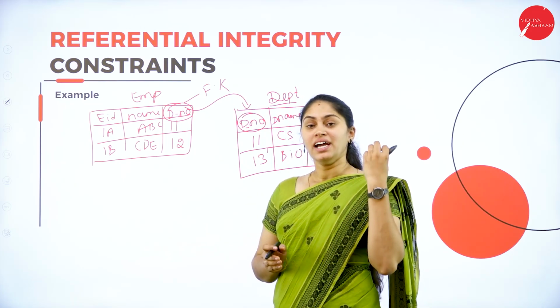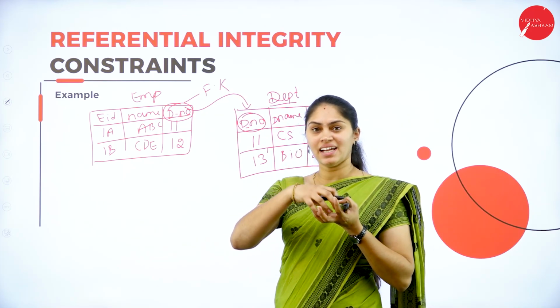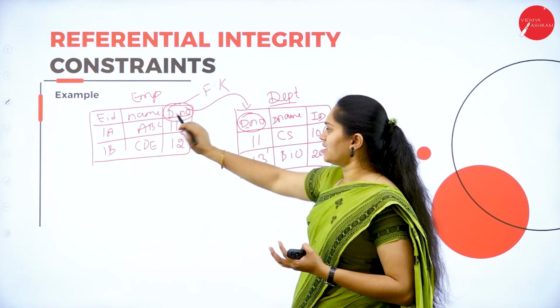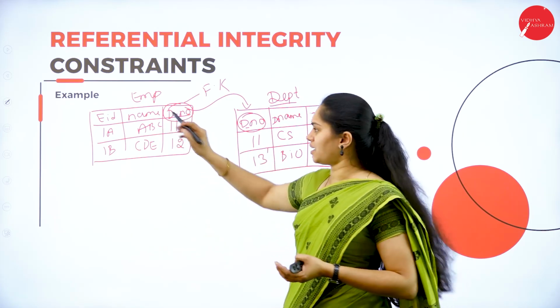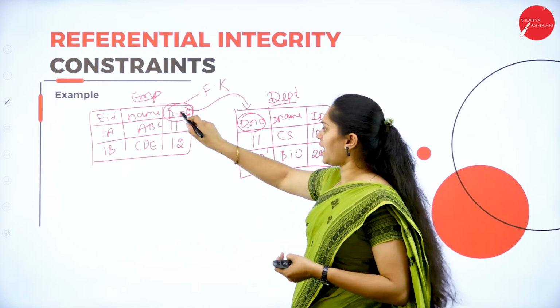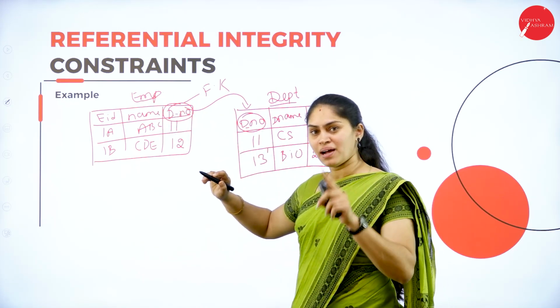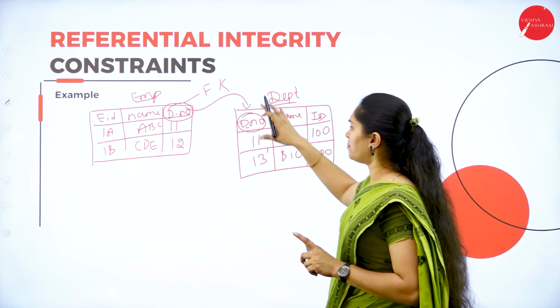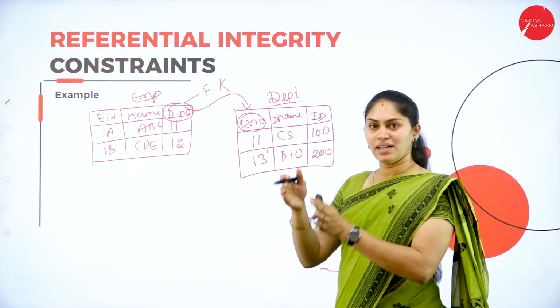That means you are referencing your identity in another country. That is what we have here with the department number. In the employee table we have a department number, and that attribute is used to refer to the department number in the department table.